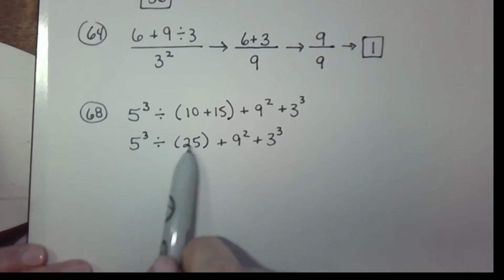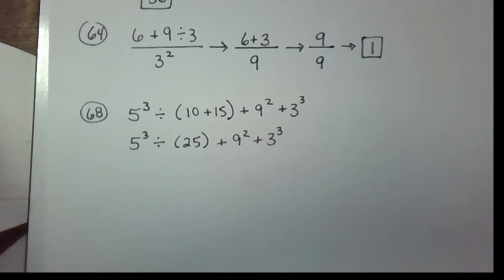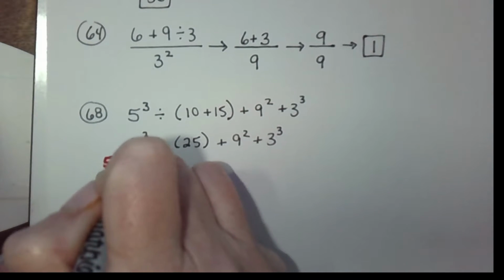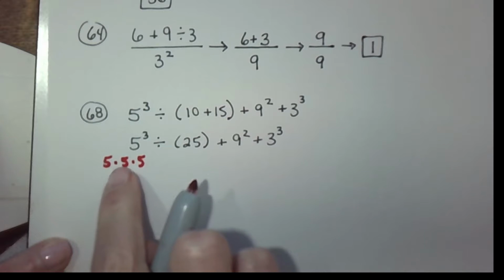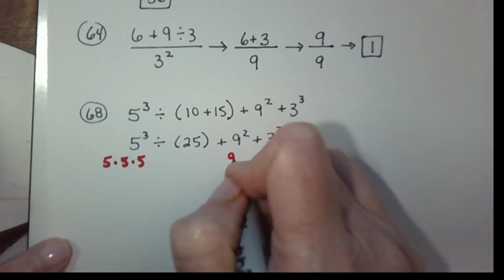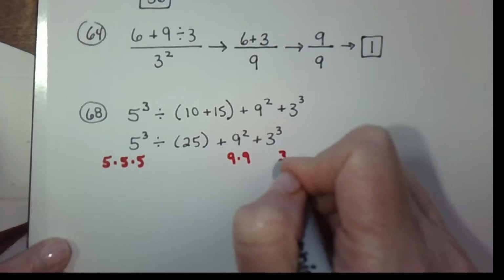Now before we do any division or addition, let's work out our exponents. 5 cubed, that is not 5 times 3. Remember, that is 5 times 5 times 5. We write out the base 3 times. Over here, 9 squared. We write out the base 2 times. Over here, 3 cubed.